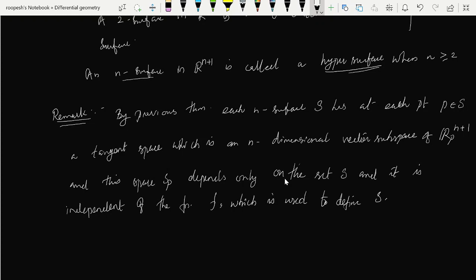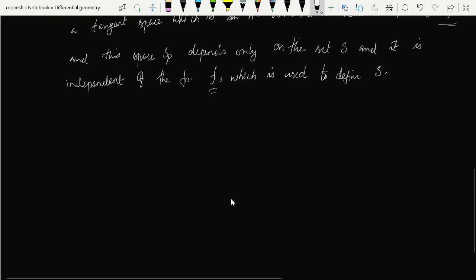This tangent space is an n-dimensional vector subspace of R_p^(n+1), and this space S_p depends only on the set S and is independent of the function f. This we have seen in your previous class.